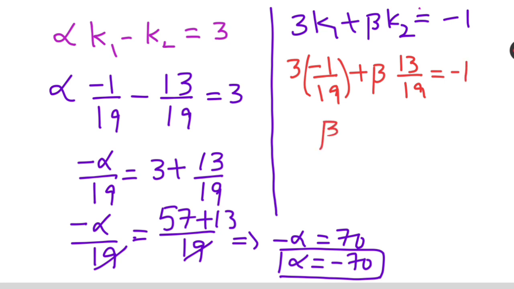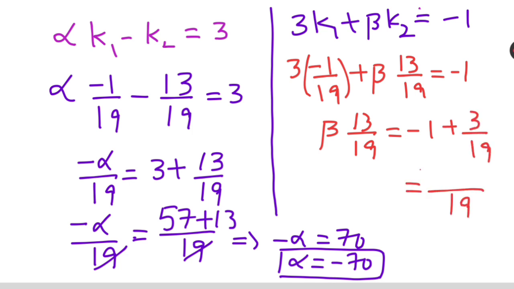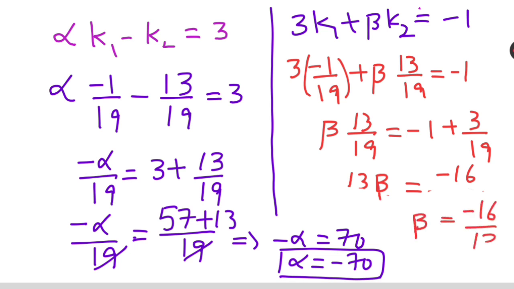So beta times 13 over 19 is equal to minus 1 plus 3 over 19. If you take the LCM here, minus 19 plus 3 gives minus 16 over 19. Then 13 beta over 19. Here the 19 gets cancelled, so we are left with 13 times beta equal to minus 16. So the beta value is minus 16 over 13.